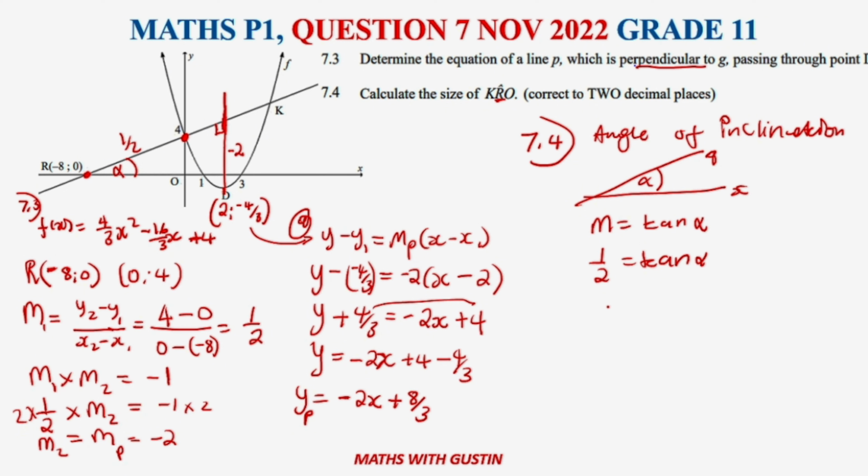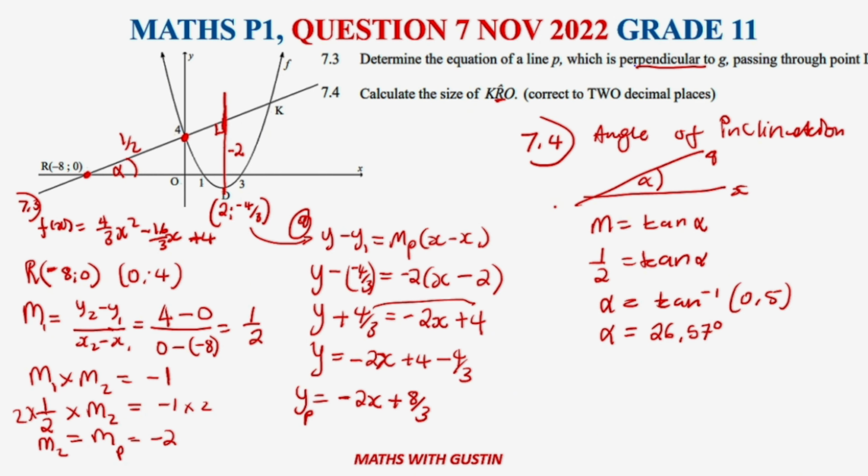We go to our calculator and do shift, second function, tan, 0.5, which is that half there. If we do that in our calculator, we should reach an answer of 26.57 degrees.